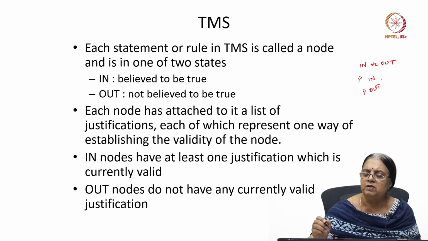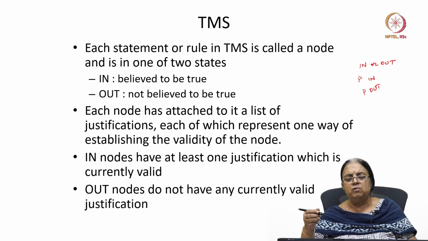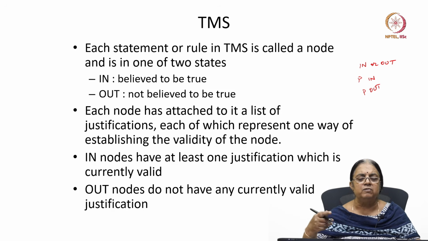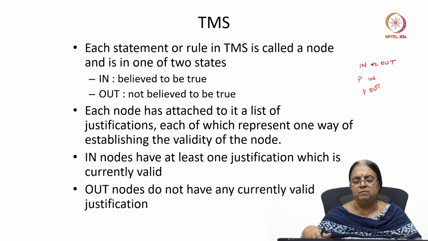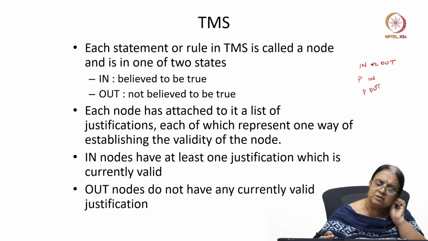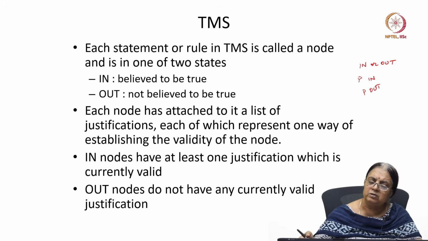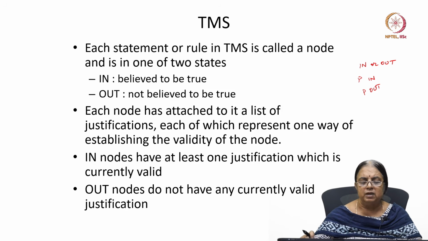So at every point in time, the statement can be either in or out. So you will have a lot of statements where some are in and some are out. Whenever a statement becomes out, it is not removed from the knowledge base, but it is just kept in mind that it is out at this particular point in time.